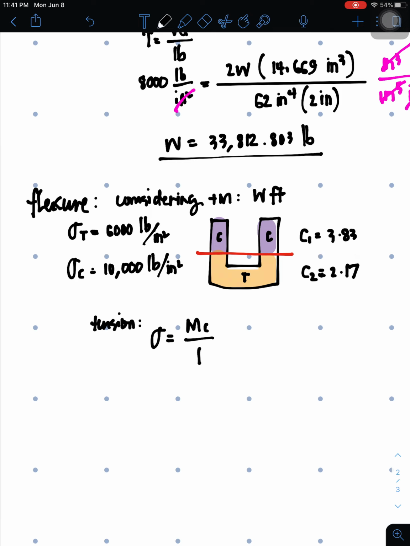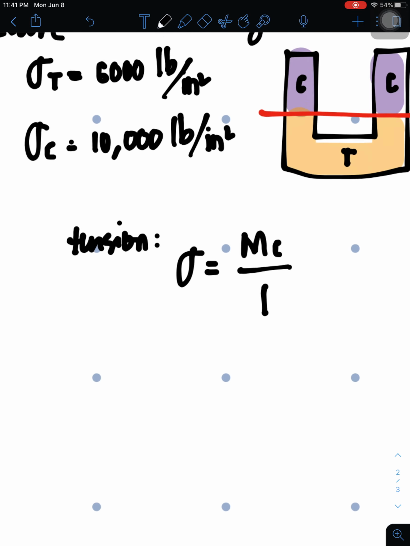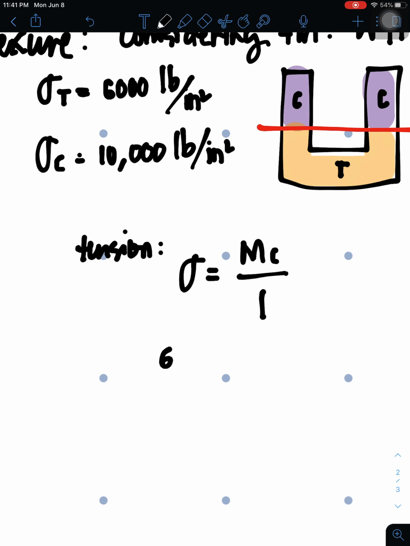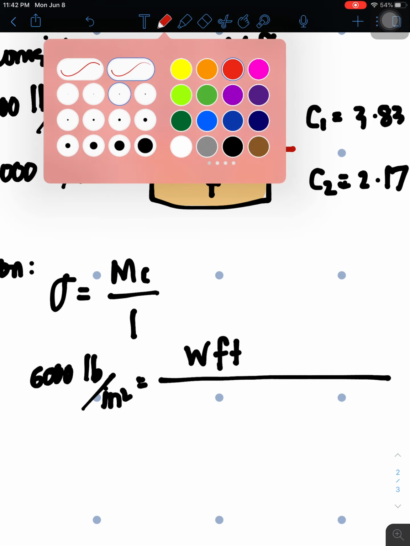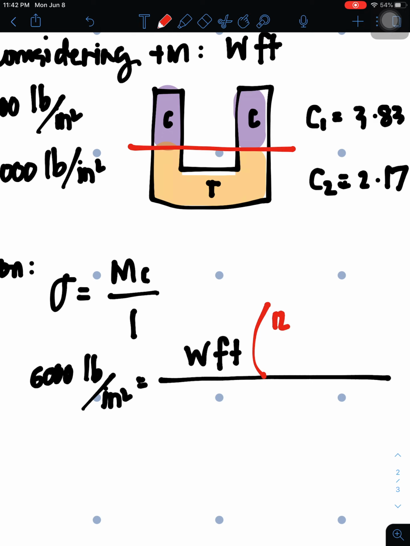For flexure, it's 6,000 pounds per square inch equal to M. What is our M? M is W feet, but we have to convert the feet into inches.